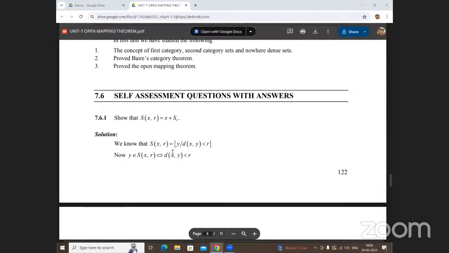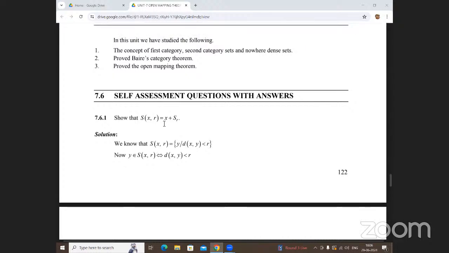Students, listen carefully. How to prove that S of x and r equals x plus S r? Already, it is a very simple proof, a very silly thing. This is the open sphere. S of x and r means x plus S r. Many exams have been completed here since the beginning of post-graduation in this university.